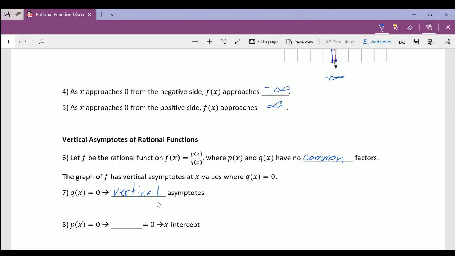Okay, 0 is still important for the top. If the top p of x happens to equal 0, well, that means that you end up with something like 0 over whatever q of x happens to be. So in other words, you have an x-intercept.